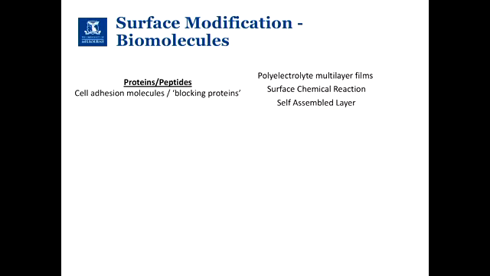One of the other things is, depending on which chemistry you choose, if you use a surface chemical reaction, you could be covalently attaching it onto the surface. And what I mean by covalent attachment is that it then can't come off. If you put it on by usually the polyelectrolyte, it forms by ionic interaction, so they're held by different charges.